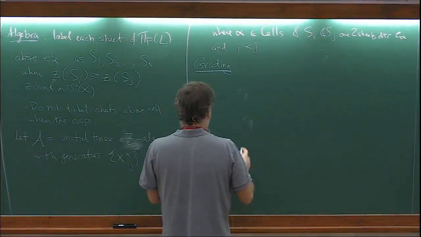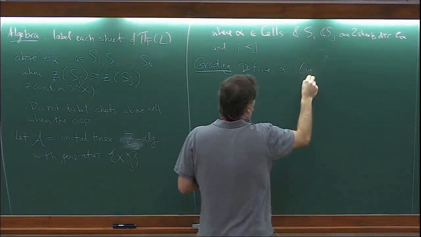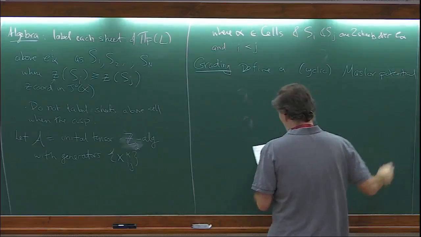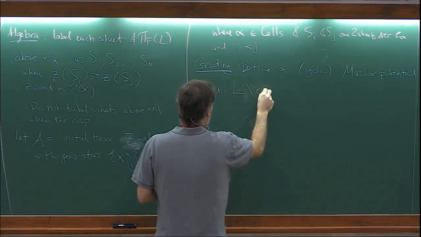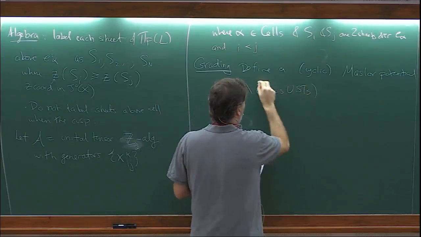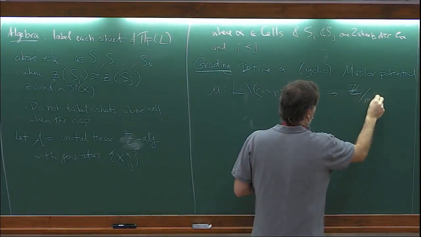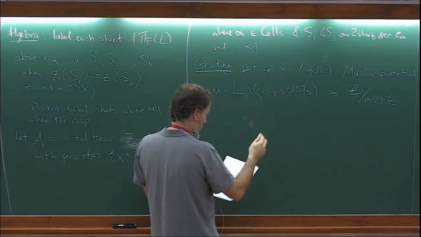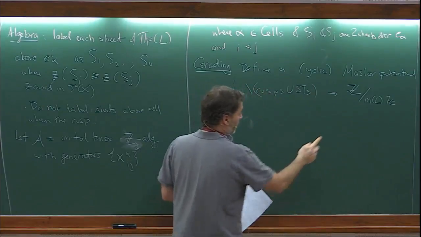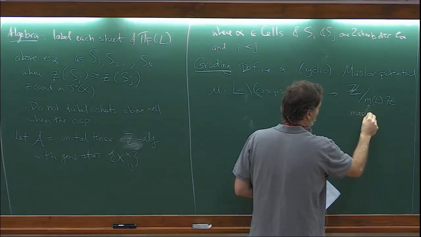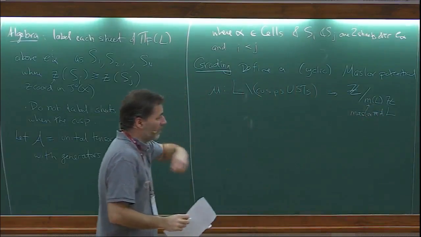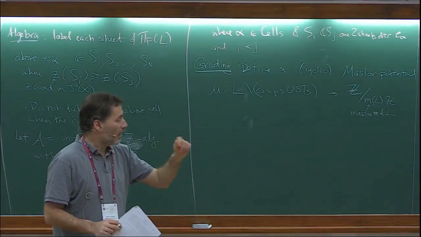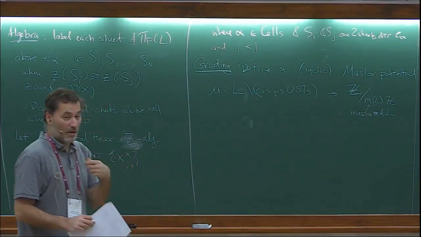So we're going to define a cyclic, in principle, but maybe Z-valued, Maslov potential function mu, which goes from L minus cusps and swallowtail points to Z over m_L Z. Recall that this is the Maslov number, and it represents, you take a path in the Legendrian, you project it to the front projection, you take a loop, and you count how many times it crosses, ups minus downs, and then you take the minimum over all such loops.